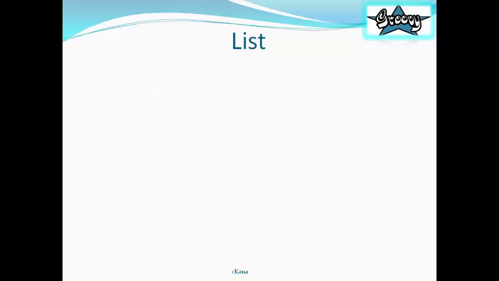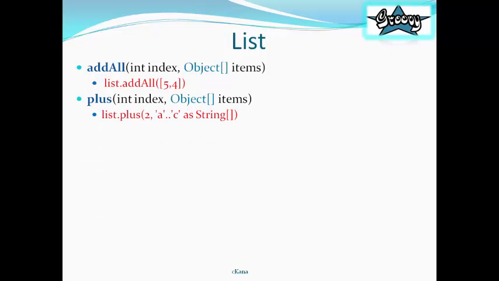Now let's discuss the various methods which can be used with the list data structure. First is the addAll element. It modifies the list by inserting all of the elements in the specified array into the list at the specified position. Then we have a plus method, which creates a new list by inserting all of the elements in the specified array to the elements from the original list at the specified index.